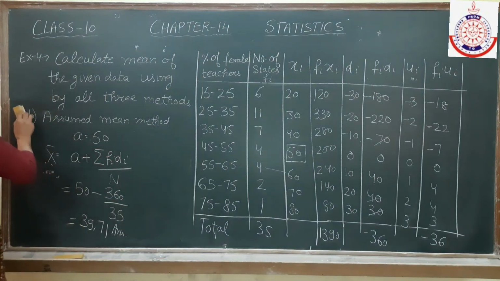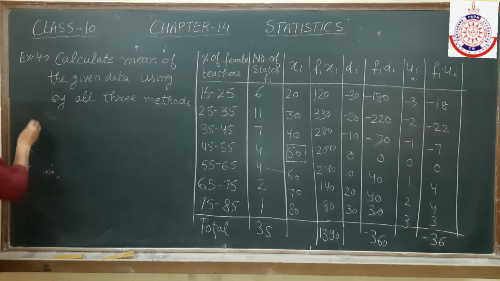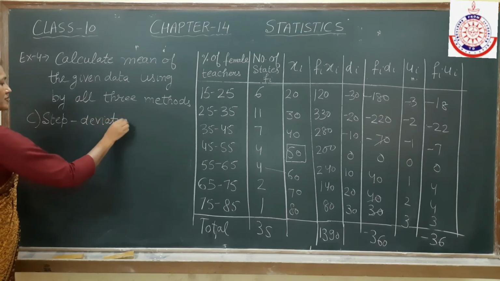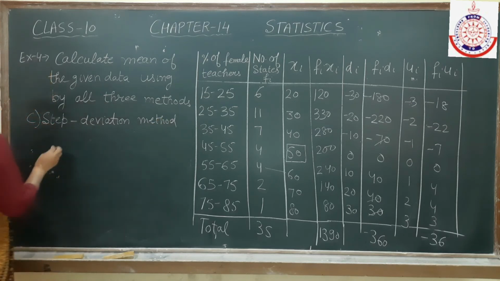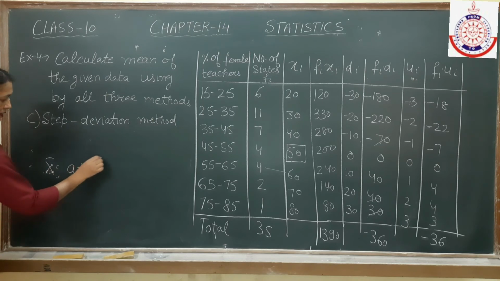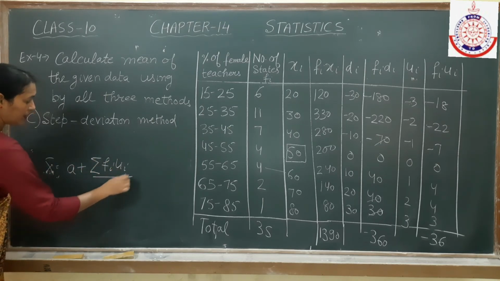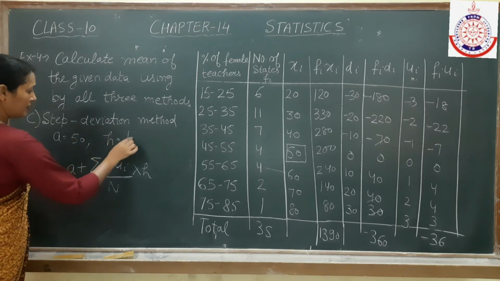And for the step deviation method, we know that the formula is a plus sigma fi ui upon n into h. A we have taken as 50 and class width h is 10 here.